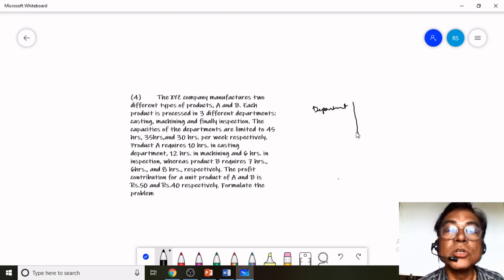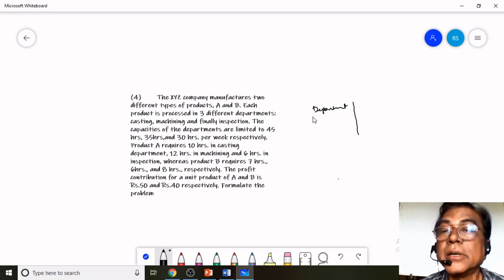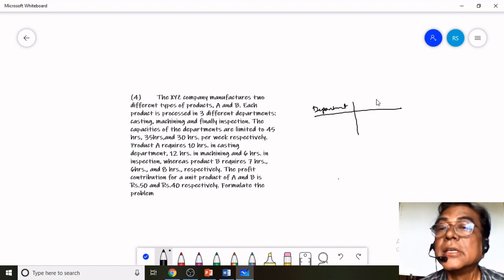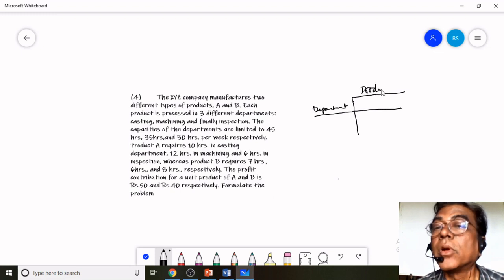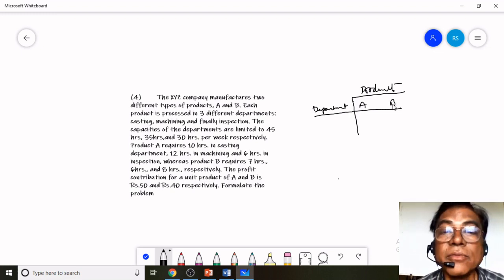Another one: there are two types of products, A and B. So go to this department and make the equations like this. Another one is to read the products, so products A and B.